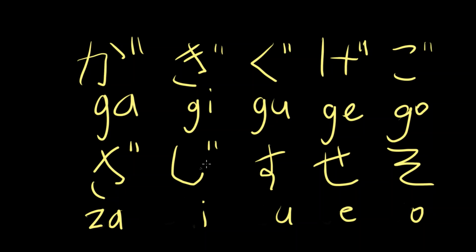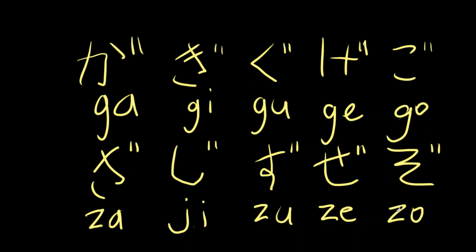Shi becomes ji. So za, ji, zu, ze, zo. Za, ji, zu, ze, zo.